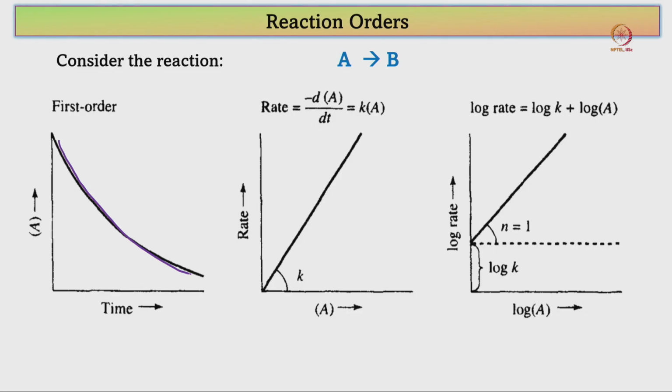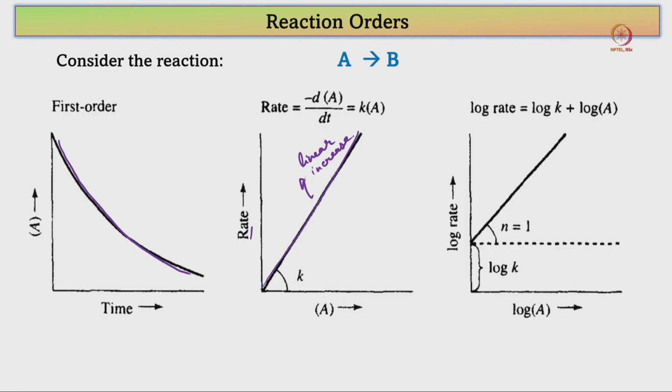So, there is some proportionality factor coming in. Now, if I plot my rate with respect to concentration, I am seeing a linear increase.